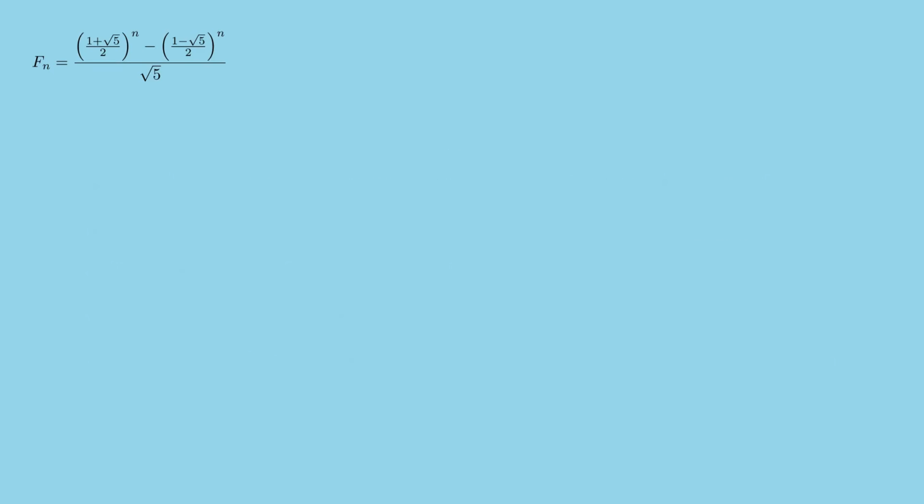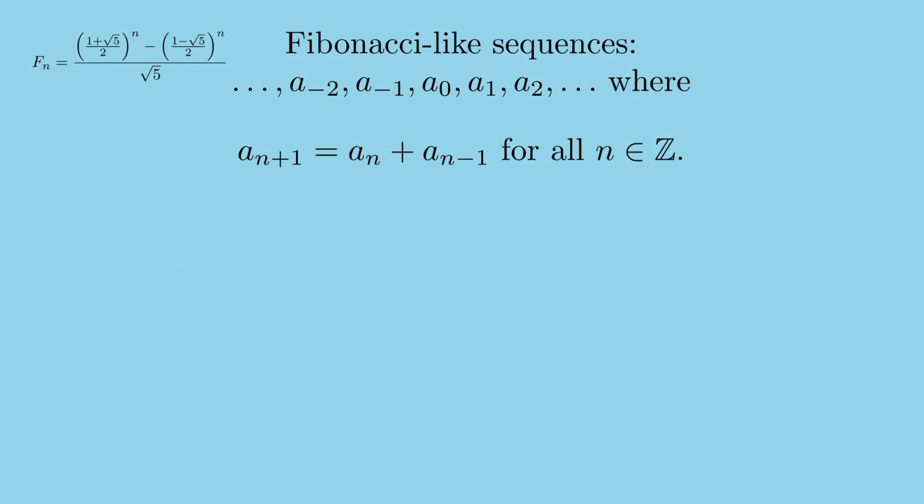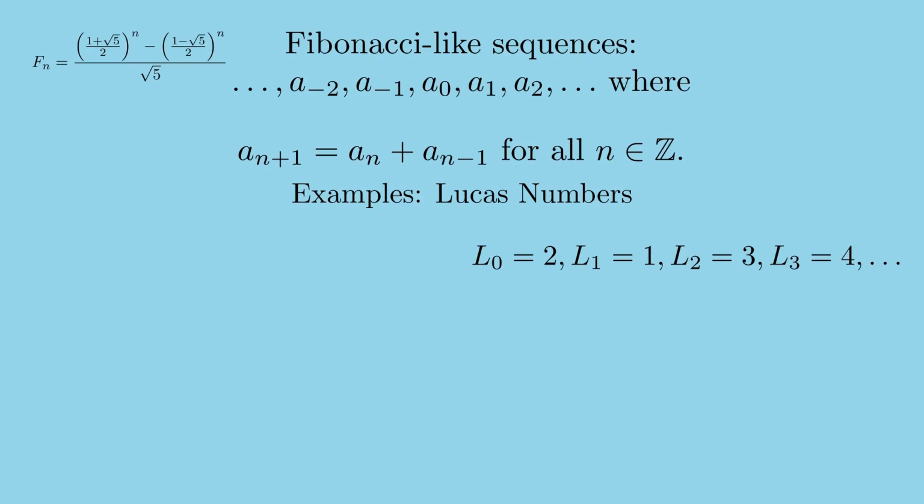We first introduced the idea of Fibonacci-like sequences. They are sequences of numbers, infinite in both directions, that satisfy the recurrence, but not necessarily the same starting point as Fibonacci. For example, we can introduce the Lucas numbers, L0 equals 2 and L1 equals 1, and the sequence continues 3, 4, 7, etc. And we can extend it and the true Fibonacci sequence backwards.